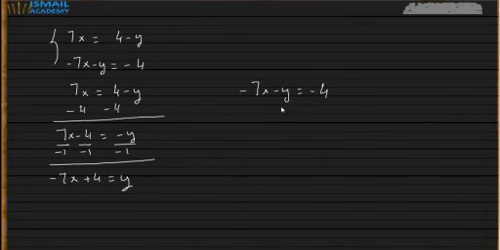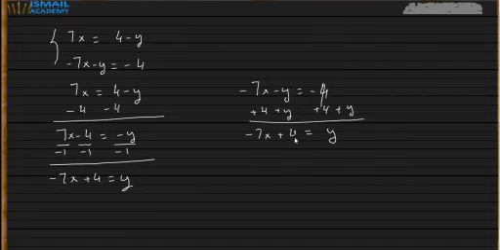Here I add y and add 4 at the same time. So here we'll end up having y equals minus 7x plus 4. As you see here, the slope is minus 7. The y-intercept is 4.